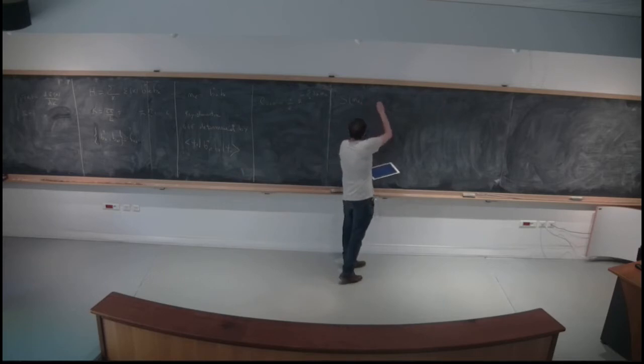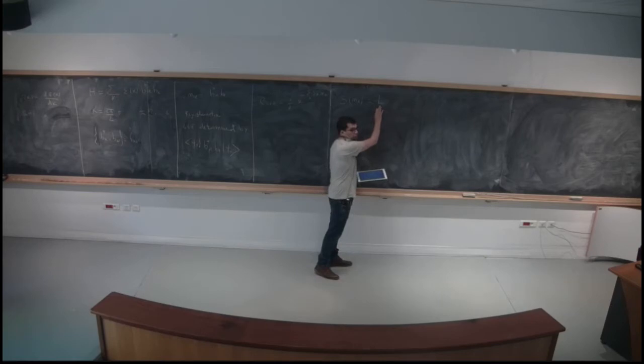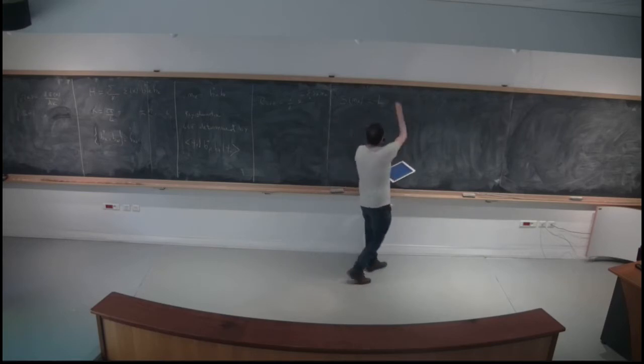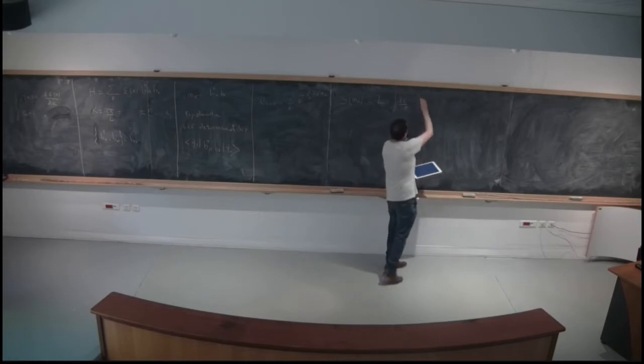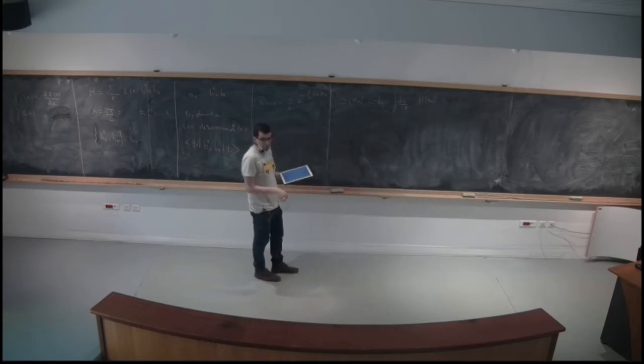And this you can write in this way. It's extensive, so it's proportional to system size, and then you have an integral over the momenta, and then you have some density of entropy. And what is this function h?